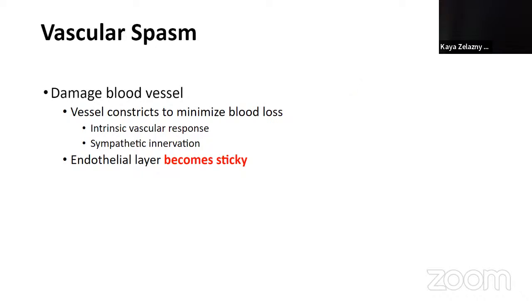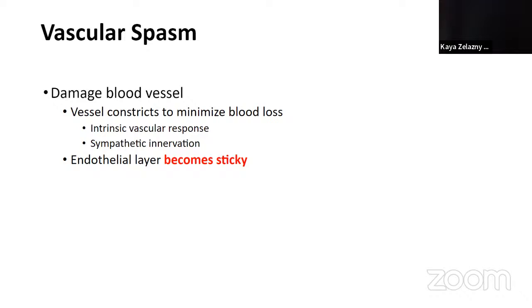Whenever you see this word spasm, a spasm really is like a contraction. So if you have a spasm in a muscle, like a muscle spasm, that is almost like a cramp, like a tensed up muscle. So vascular spasm in the vasculature, the blood vessels, is a sudden constriction, a clenching of the blood vessel that's been injured.